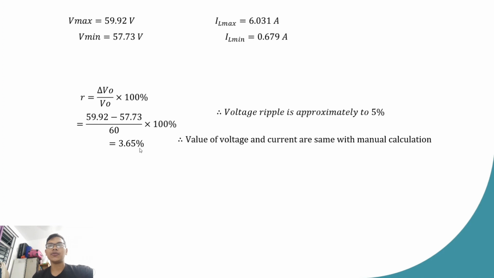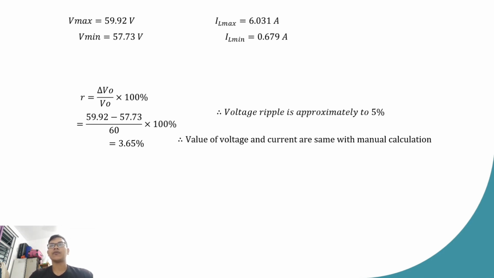Then the new voltage ripple we get is 3.65%. So according to the question, we have satisfied the requirement that the voltage ripple is approximately 5% or below.